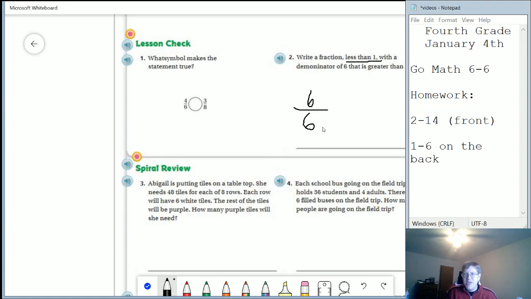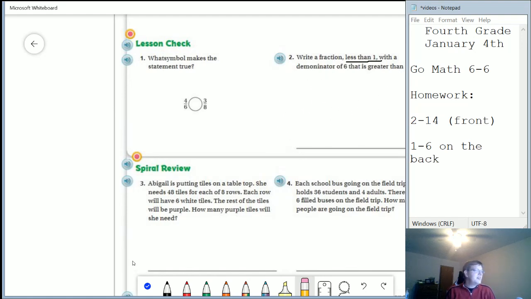Okay, so it's got to be smaller than this, but it's got to be greater than 3/4. So that might give you a hint for your number, but we can't write a super large number on the top and have the correct answer for this one like we could on the previous page that we looked at. Okay, so it's got to be smaller than 6 parts over 6, but larger than 3/4. So if you go a little bit smaller than that, you're probably going to have it.